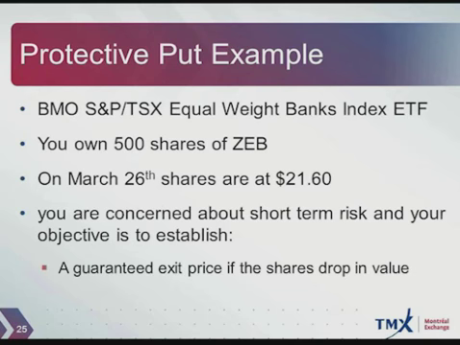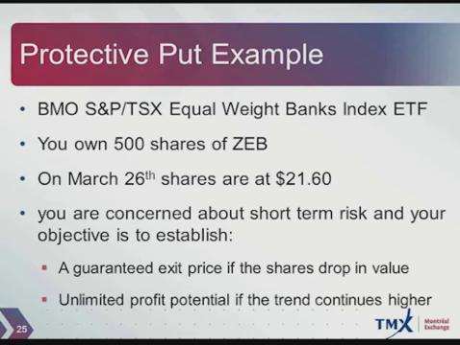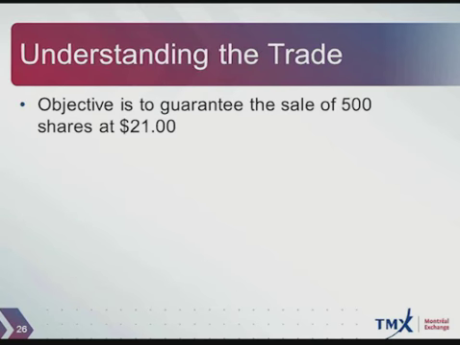What we want to do is establish a guaranteed exit price if the shares drop in value, but at the same time, if the shares do continue higher, we want to make sure that we have unlimited profit potential as it continues to work in our favor.